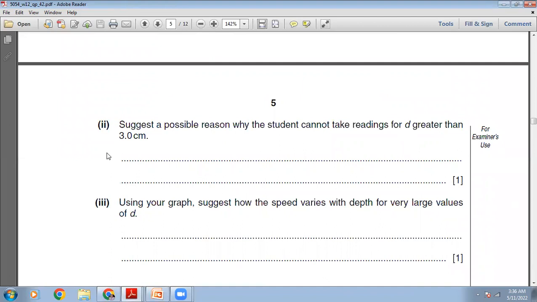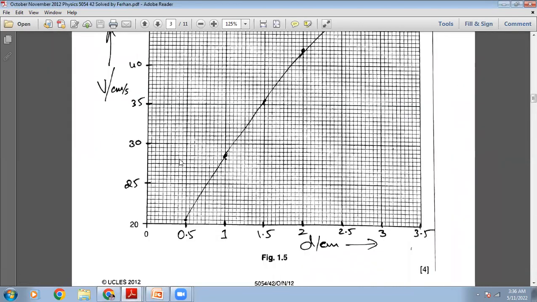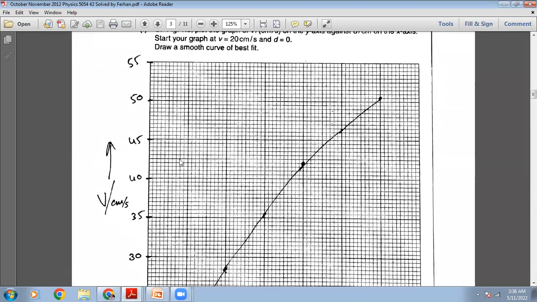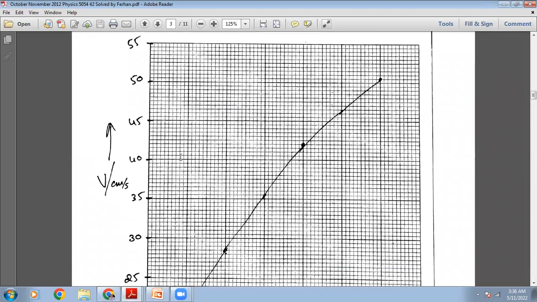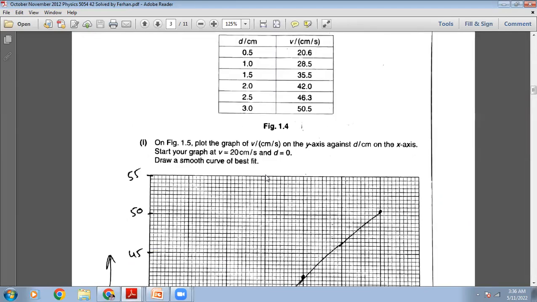Suggest a possible reason why the student cannot take readings for d greater than 3 centimeters. If you look at your graph, when the depth is increasing, the speed is increasing.